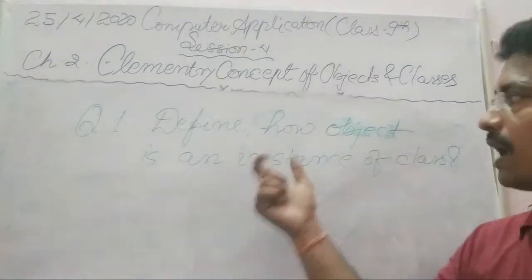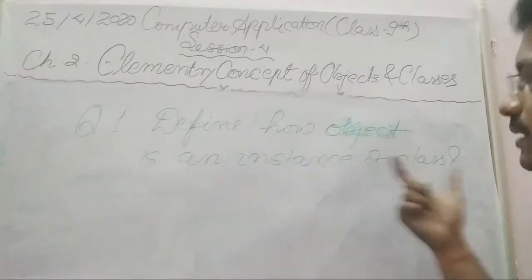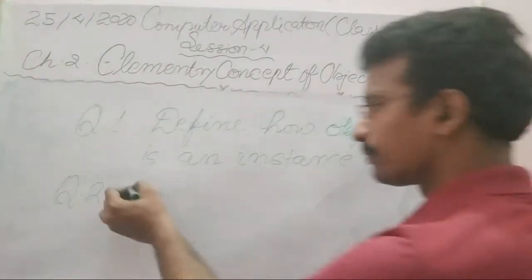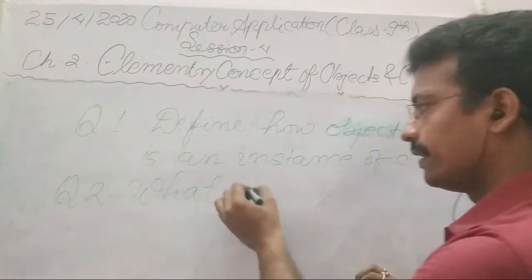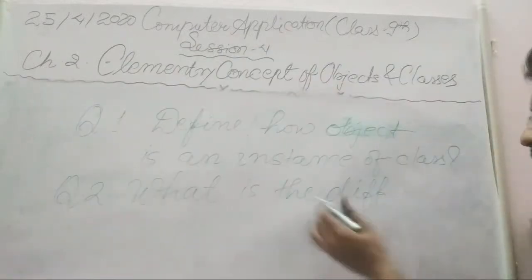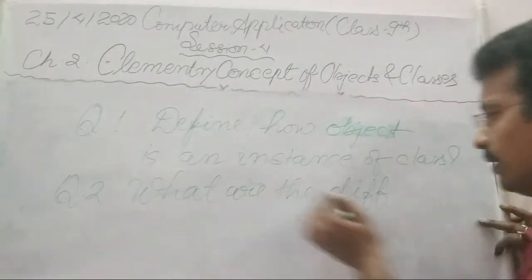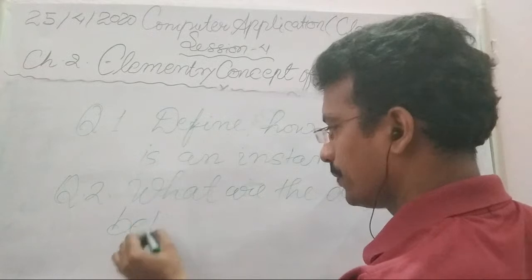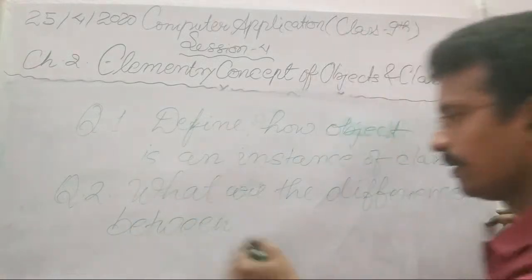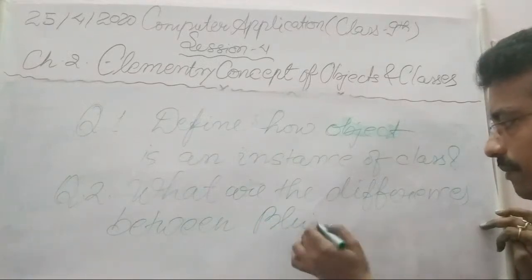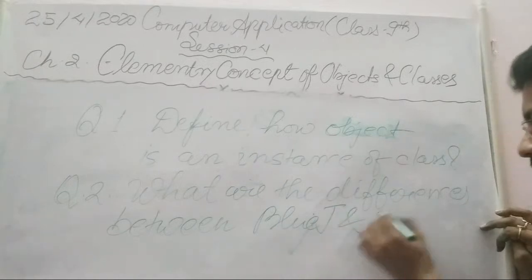You have to define how an object is an instance of a class. Second question: what are the differences between BlueJ and Java?